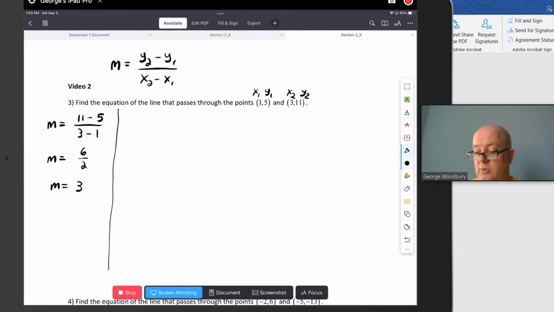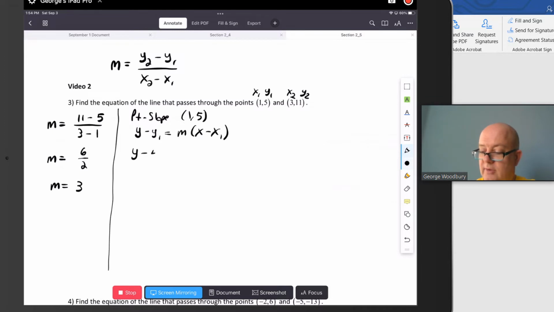Now I'm going to use the point-slope form, and I already know that my slope is 3. I can use either point here, so I'm going to actually do it twice. I'm going to show you that it's the same no matter which way you do it. The point-slope form again is y minus y sub 1 equals m times the quantity x minus x sub 1. I'm going to use the point 1, 5 first.